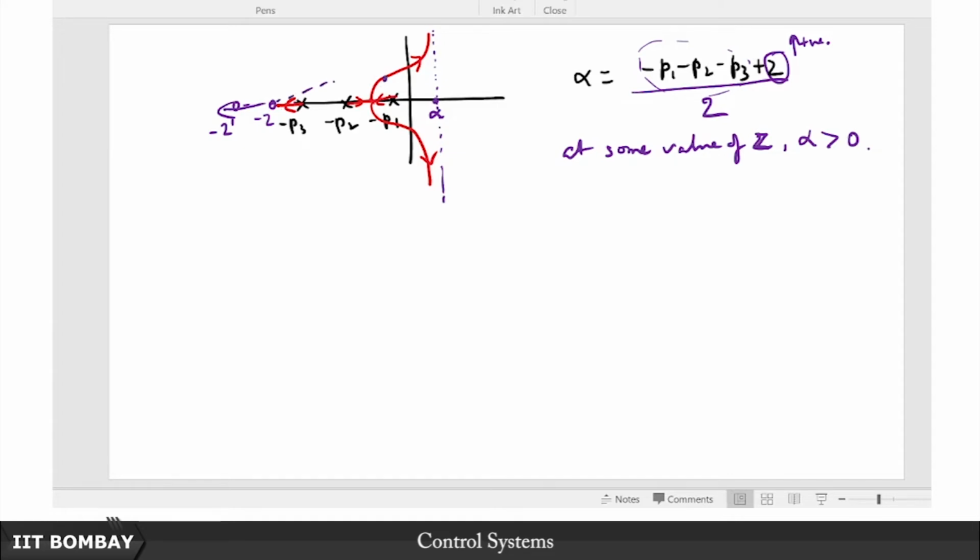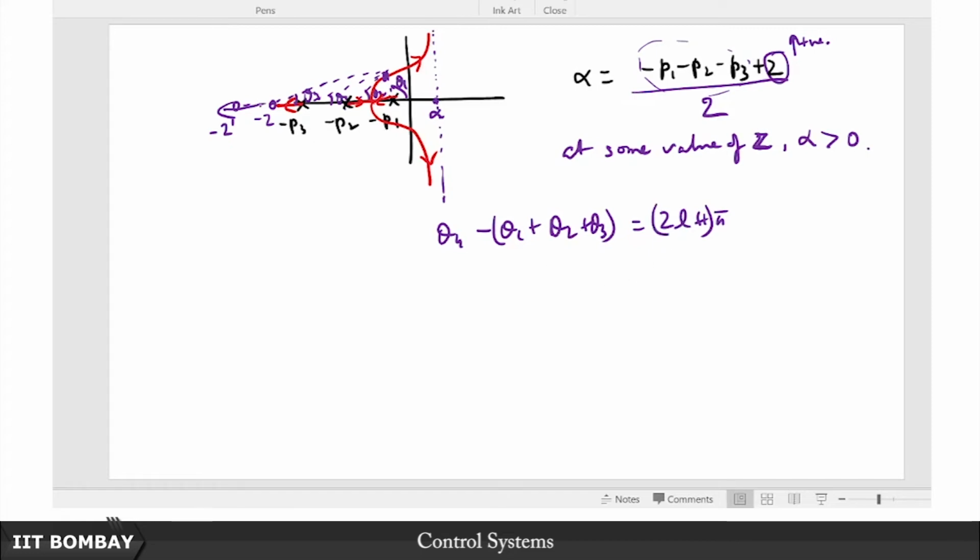So this point satisfies the angle criterion. In other words, if this is theta 1, this is theta 2, this is theta 3, this is theta 4, then theta 4 minus theta 1 plus theta 2 plus theta 3 all taken together is equal to some odd multiple of pi.